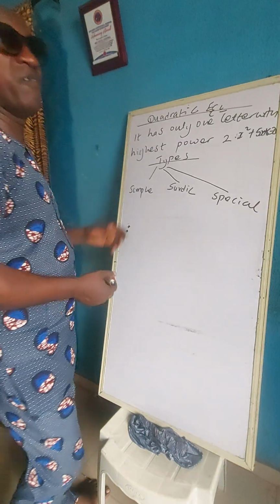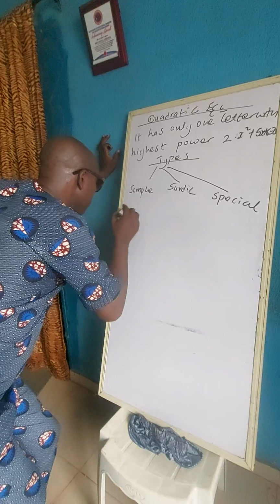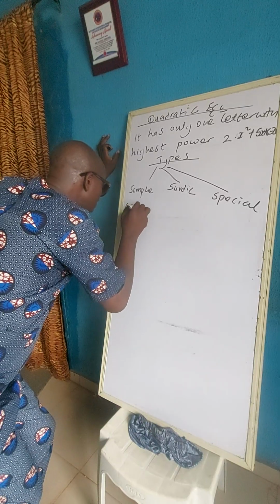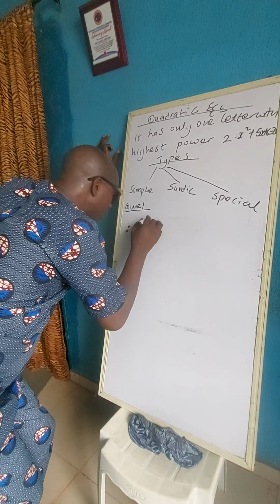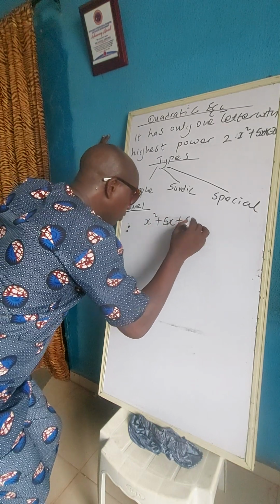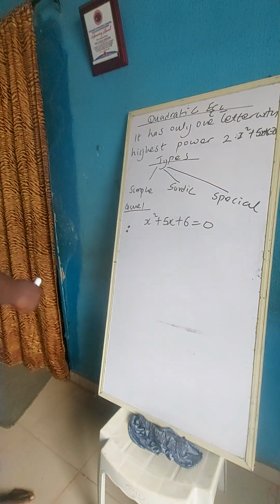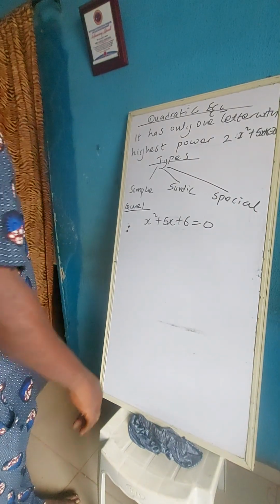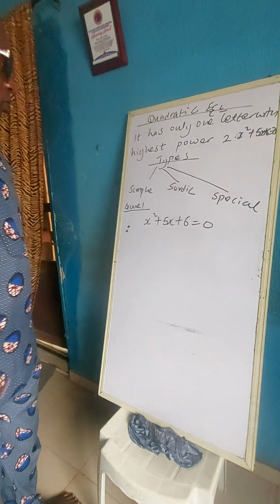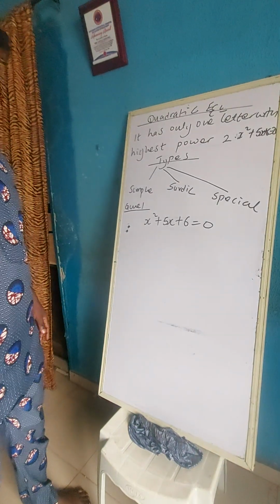Question 1, let's take it from the simple one. x squared plus 5x plus 6 equal to 0.